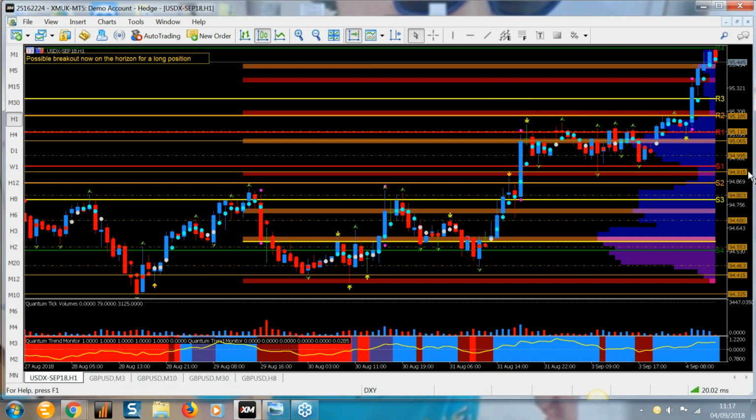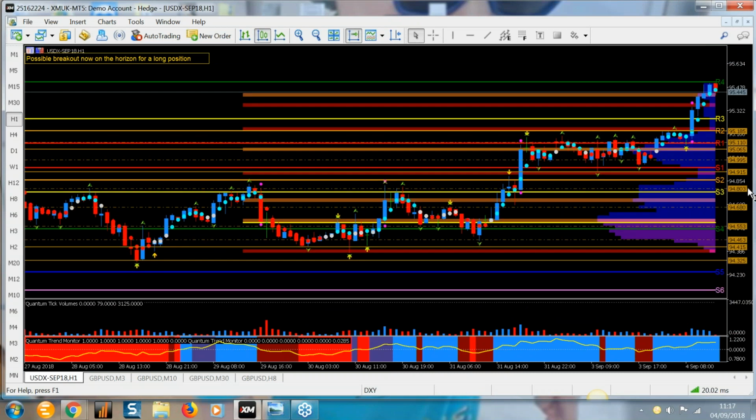What's interesting about this chart, I'm just going to crunch it up slightly, this is the hourly chart, and we can see the strong move higher for the dollar. Now these levels that you can see on the right hand side of the chart, I said right at the beginning that with volume price analysis you can integrate it as a methodology, as your foundation, into other indicators and other approaches, Fibonacci being one.